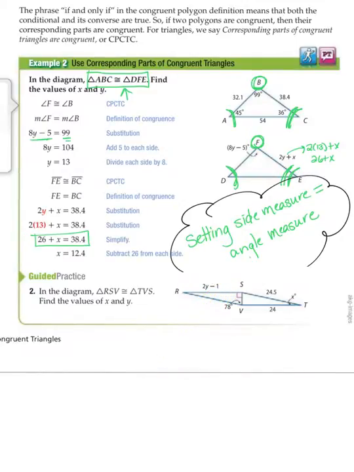All right, now let's look at guided practice 2. I suggested in class that you may want to redraw those triangles so that they have the same orientation, like the one that we did on the board, the one on the first slide, and then the ones up here. So if you want to redraw, that's perfectly wonderful.